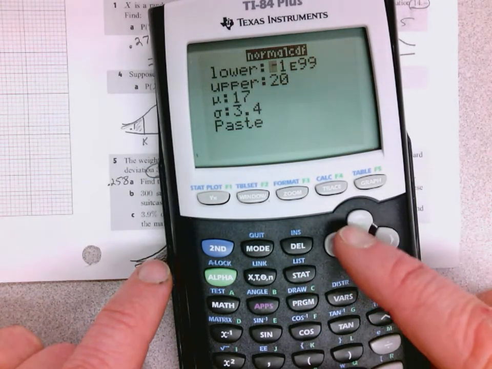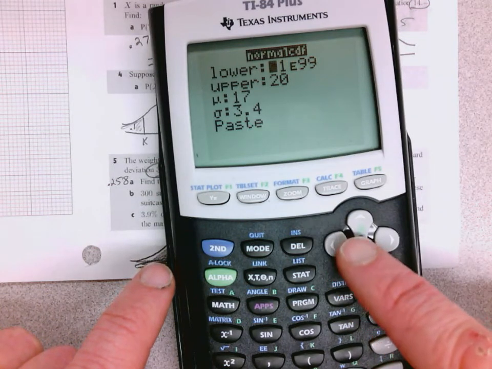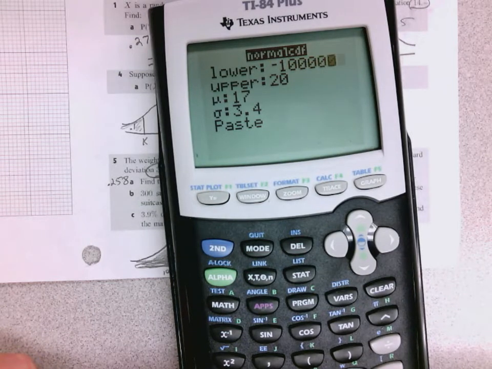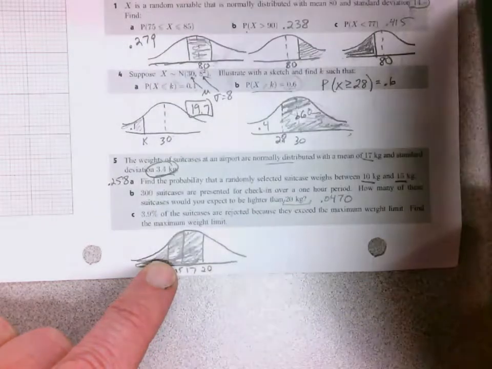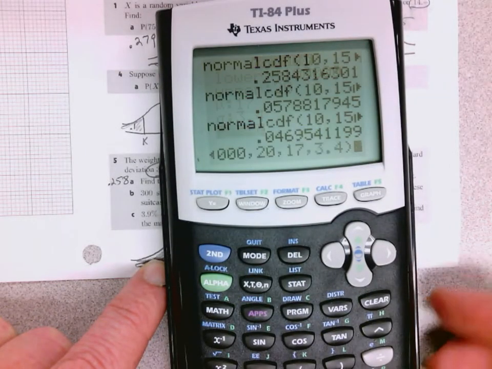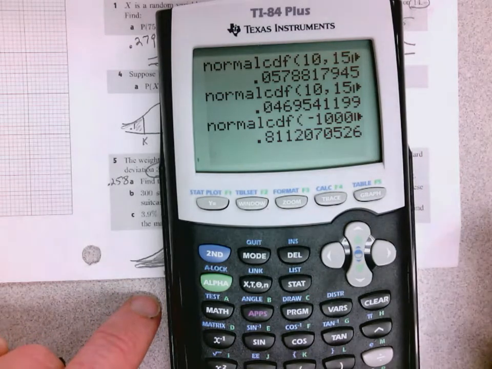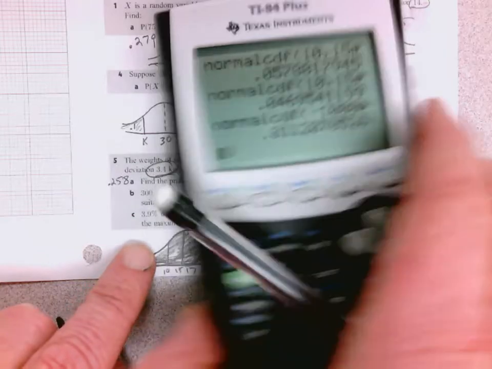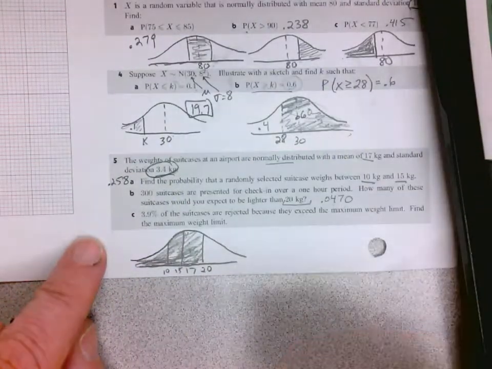What if you just try to make the lower bound some really small number? Let's see, maybe I entered something wrong. Oh, something wasn't reading right on my calculator, and I'm not going to take the time to figure out what it was, but by using this picture I realized 81.1%.